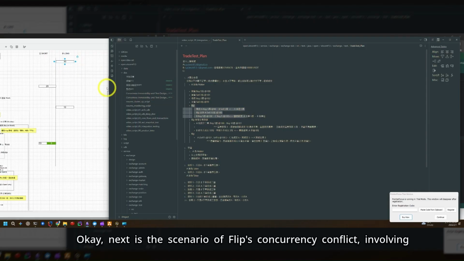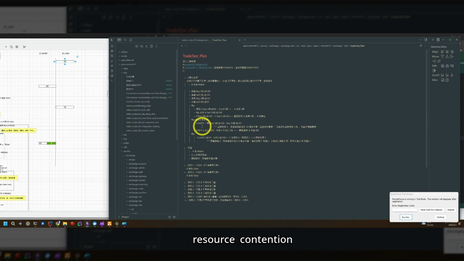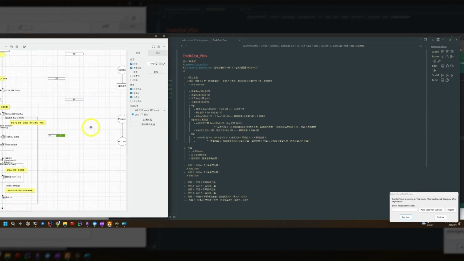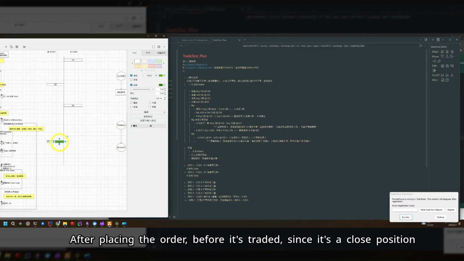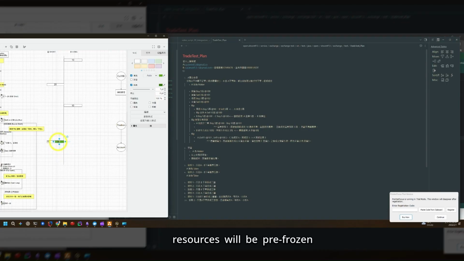Okay, next is the scenario of flips concurrency conflict involving resource contention. What does this mean? Suppose the user currently has a short position, 10 lots. Now the user places a close order for 5 lots. After placing the order before it's traded, since it's a close position, resources will be pre-frozen.